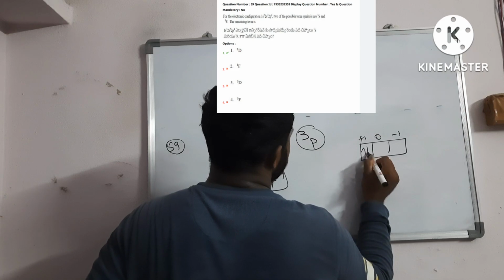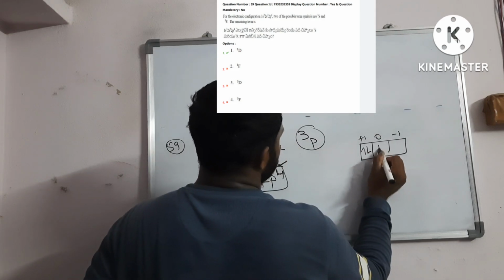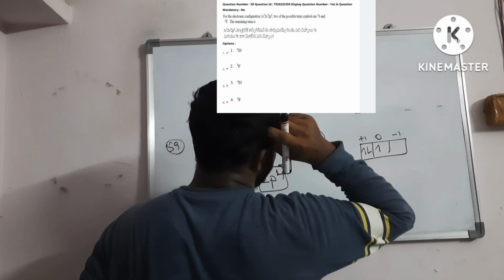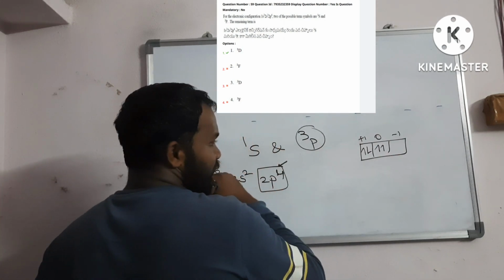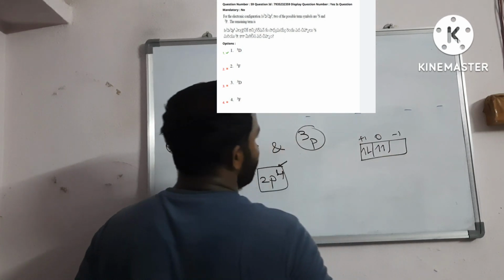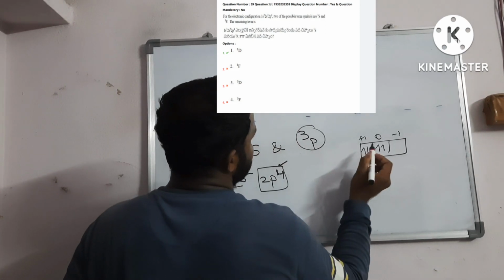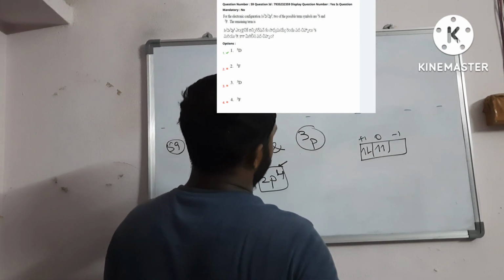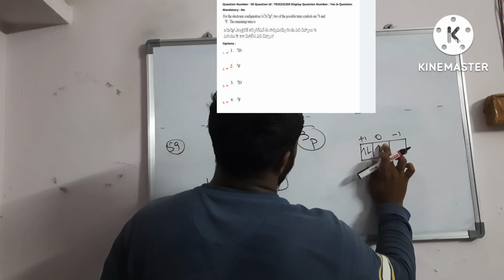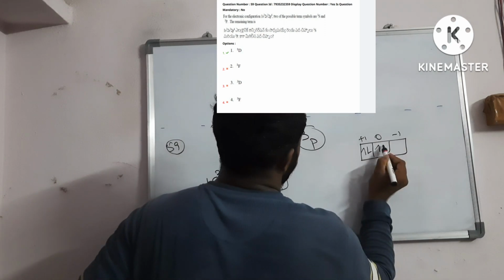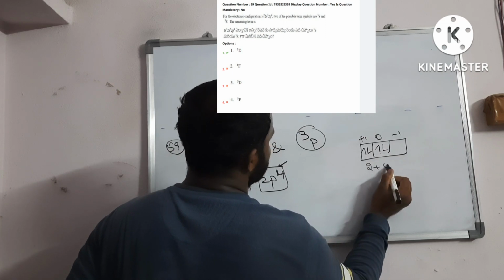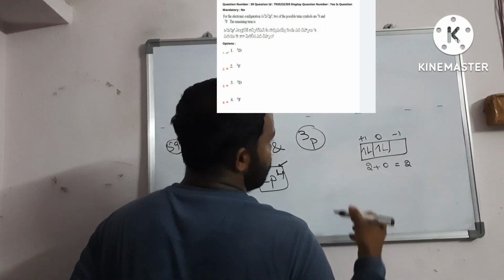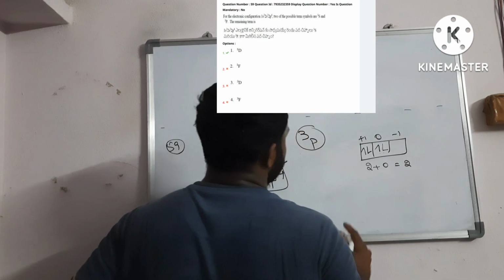For example, if I write the electrons like this, what happens? 1 into 2 is 2 plus 0 into 1 is 0, you will get 2.